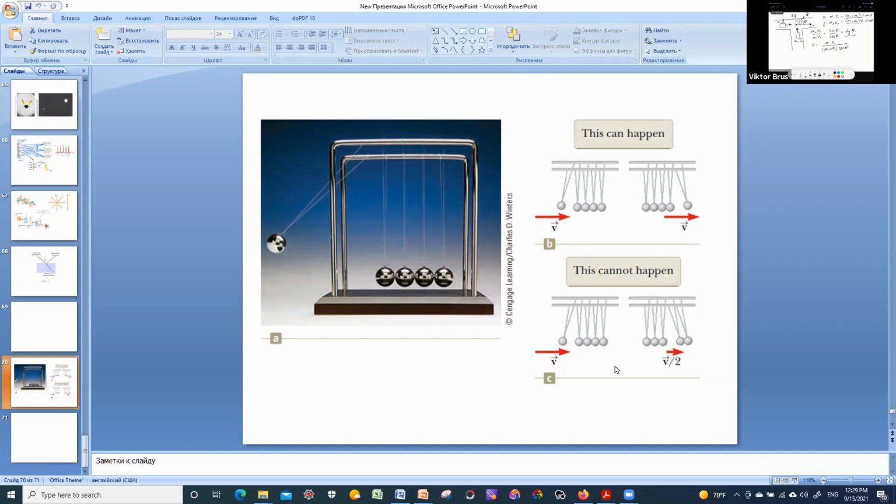The only way to have two balls deflecting after collision is to pull away two balls. Then if they hit these three balls, two will go in the opposite direction, and we will have conservation of both kinetic energy and linear momentum.